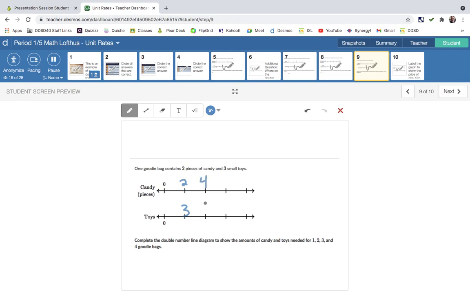So 4 and 6, and then 6 and 9, and then 8 and 12. And so complete the double number line to show the amount of candy and toys needed for 1, 2, and 3. So this is for 1 bag, 2 bags, 3 bags, and 4 bags.